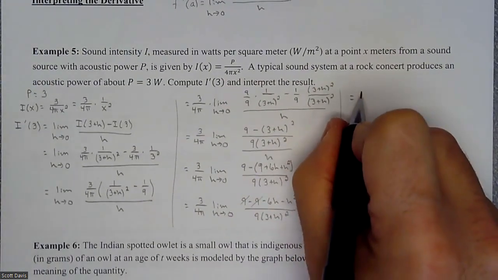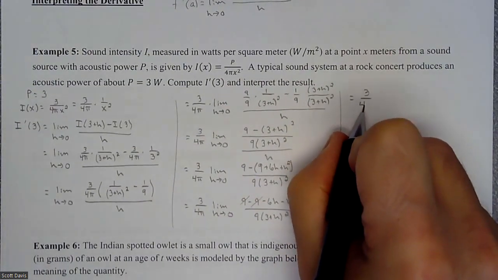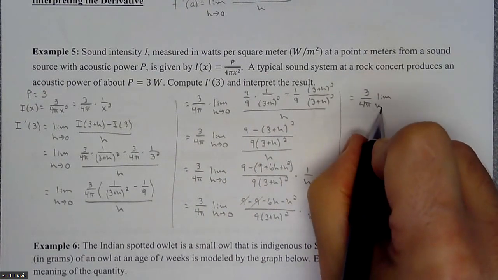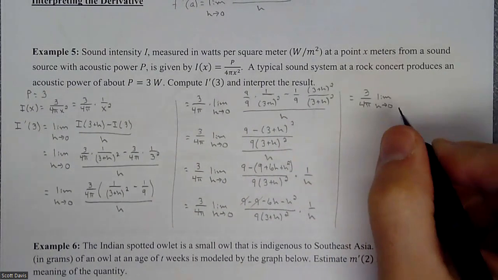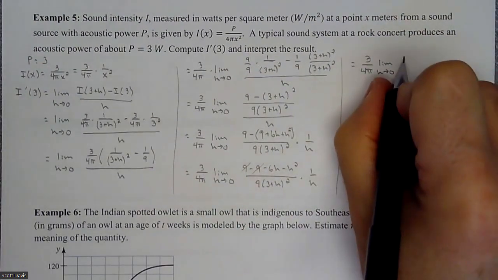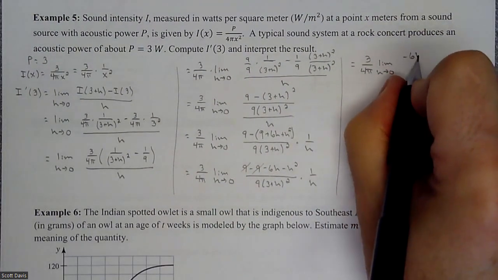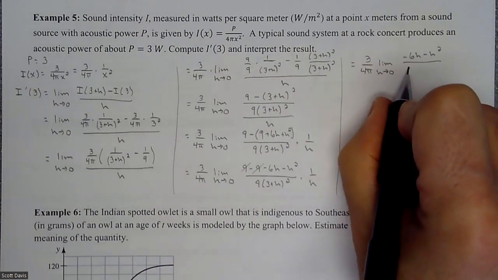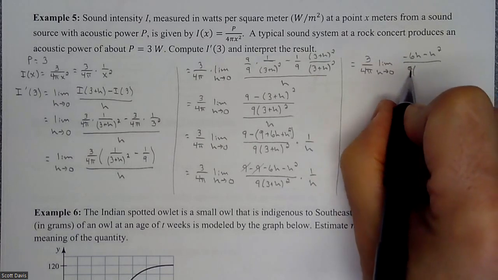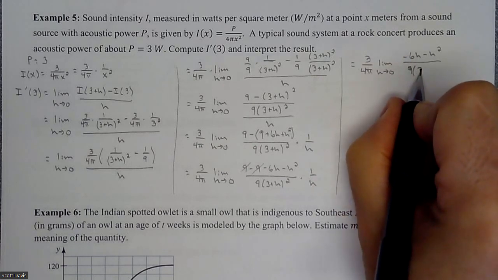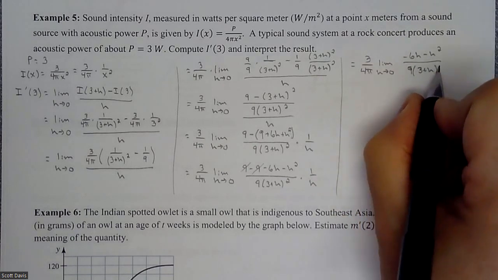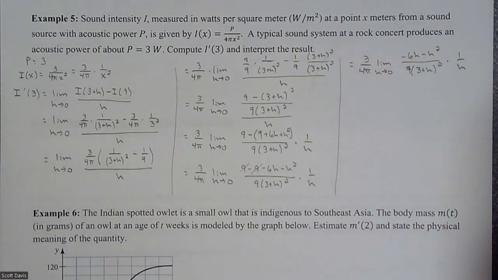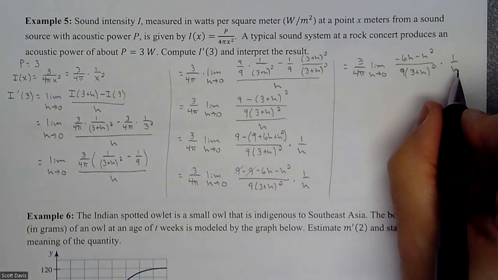Okay, so let's go back to it. We have a 3 over 4 pi, limit as h approaches 0. We have a negative 6h minus h squared over the 9 times (3 plus h) squared, times 1 over h. And I have an h that I can factor out of those that I can cancel with this, and then we're ready to plug in.